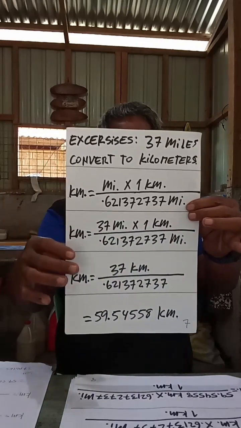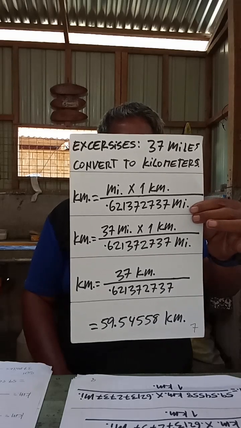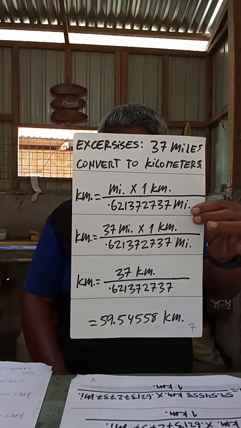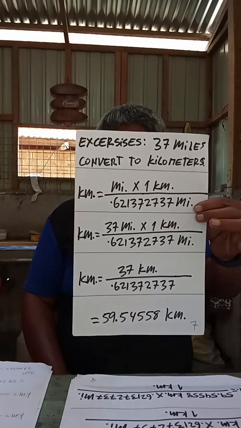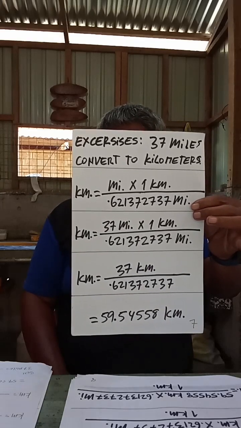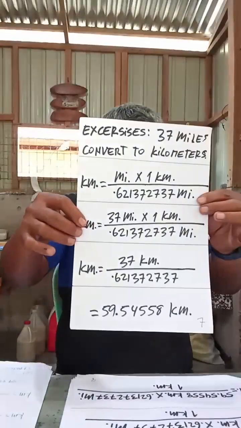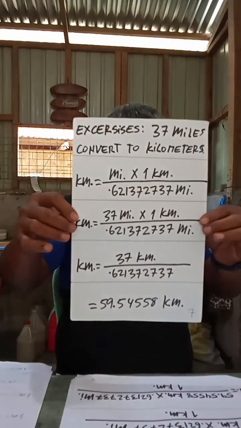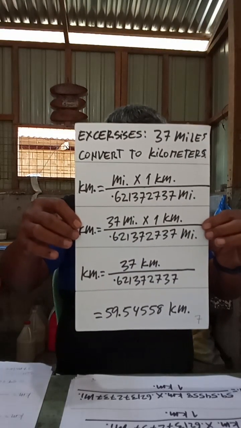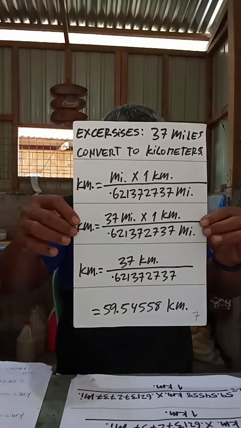So mile over mile, so cancel the mile and the kilometer is left. So kilometer = 37 kilometer over 0.621372737, so equals 59.54558 kilometers. So 37 miles is equal to 59.54558 kilometers. So nagtugma ang answer.